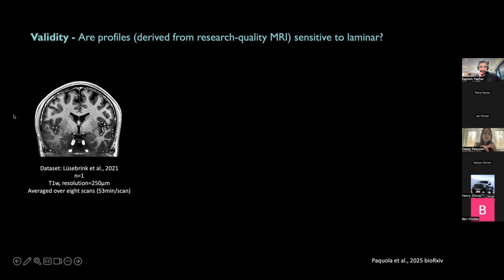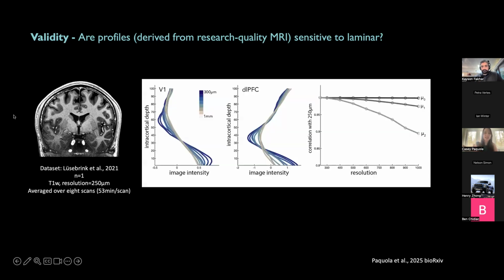And so together they upsampled this image to 250 microns. So for an in vivo MRI, that's just pretty incredible. But what we could do with this is construct the profiles and then downsample the image and redo the procedure again. So you can see in the dark blue there is the really high resolution original data.